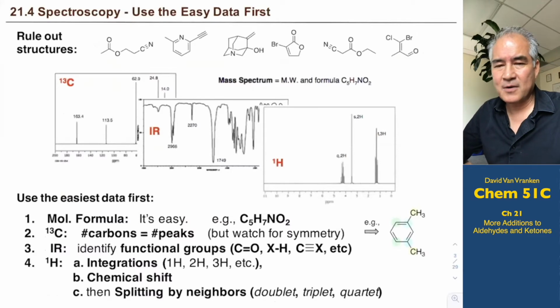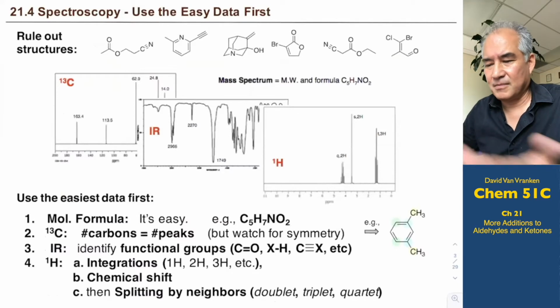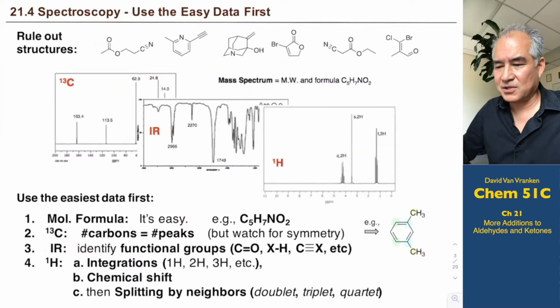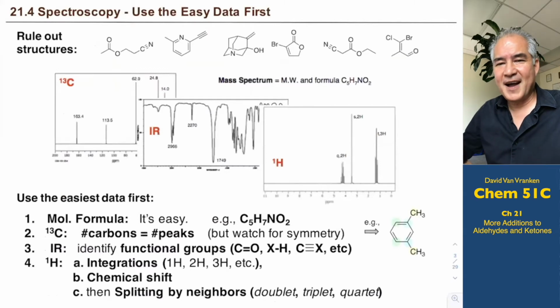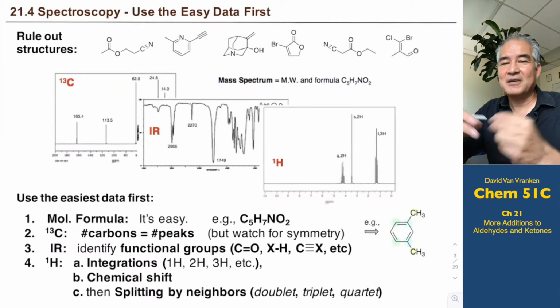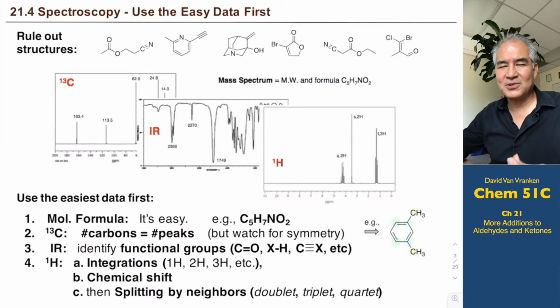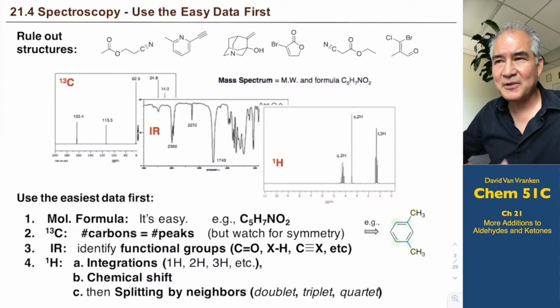I usually ask one question on each exam, or maybe two on a final if there's time for us to ask those kinds of questions. Now, I find that the book sometimes just gives you a spectrum and says, what's the compound? And that's completely unrealistic. In a real research laboratory, you have some plausible ideas for what the structure of the compound is, and you're just trying to rule things out.